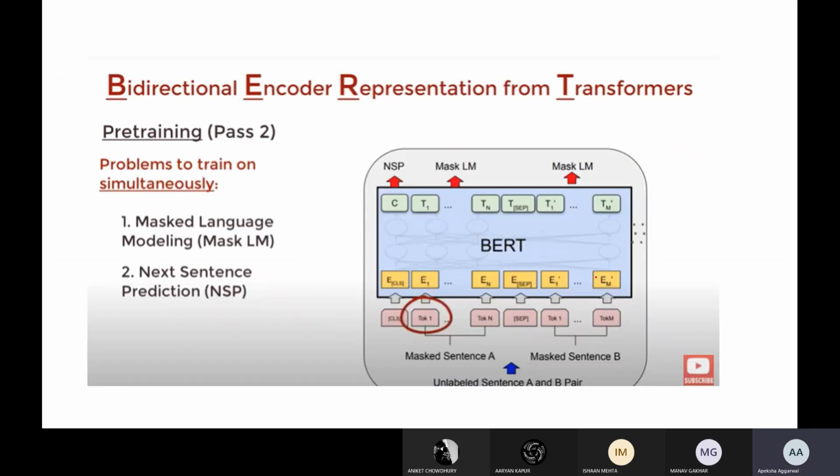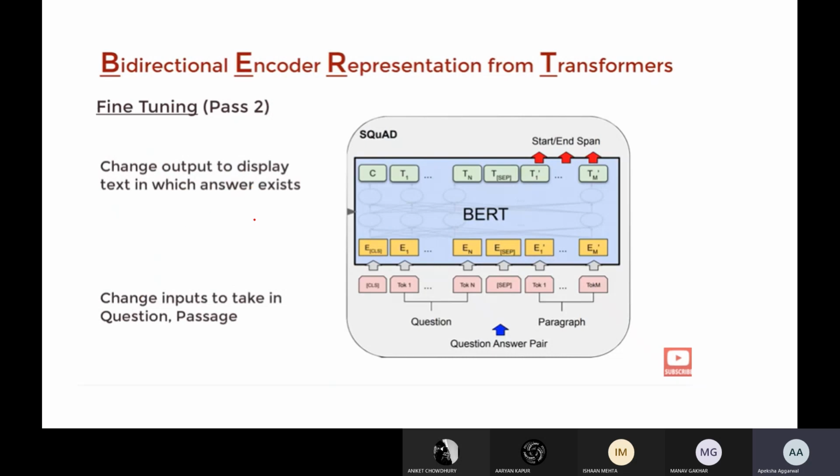It will go back again: pre-training will be done, these two will happen again in pre-training, and then it will again fine tune those models according to the text that you want. So this is the overall idea behind BERT.